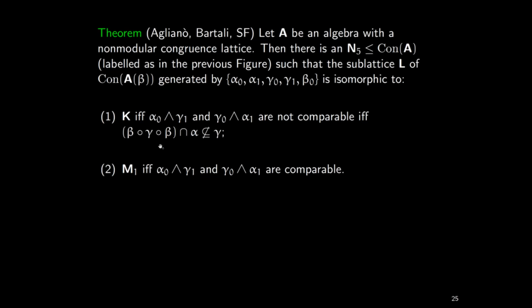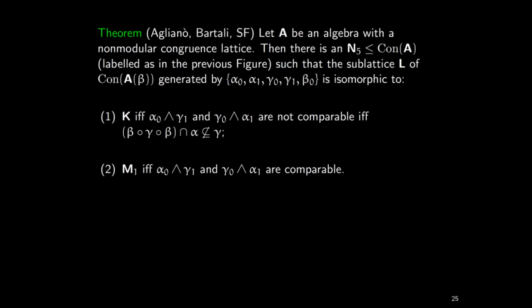In particular, you obtain a K if B circle gamma circle beta meet alpha is not contained in gamma, and you obtain M1 otherwise. So given the congruence lattice and the three congruences that you are interested in, I can tell you in an easy way when you are generating a K or an M1.